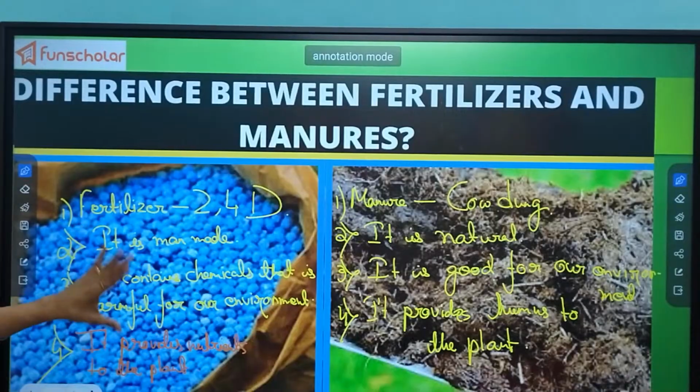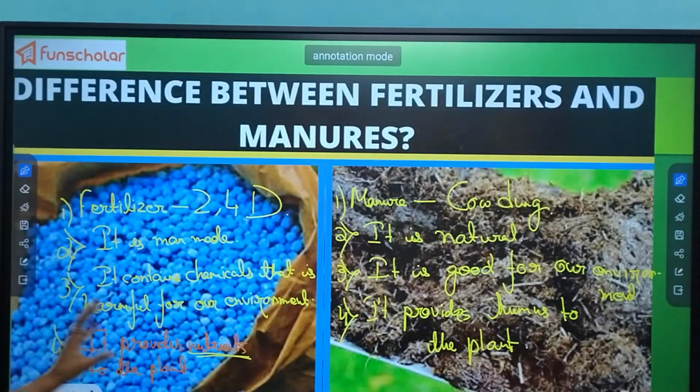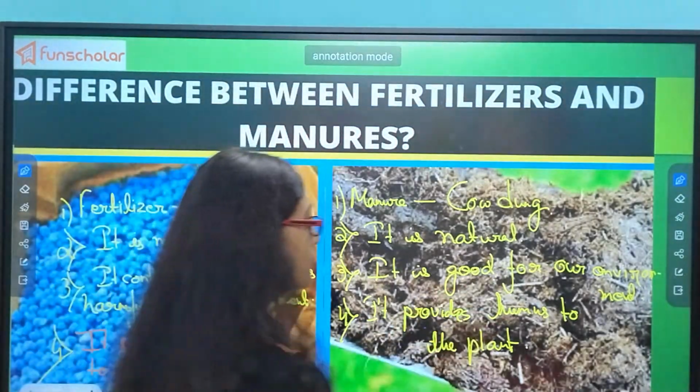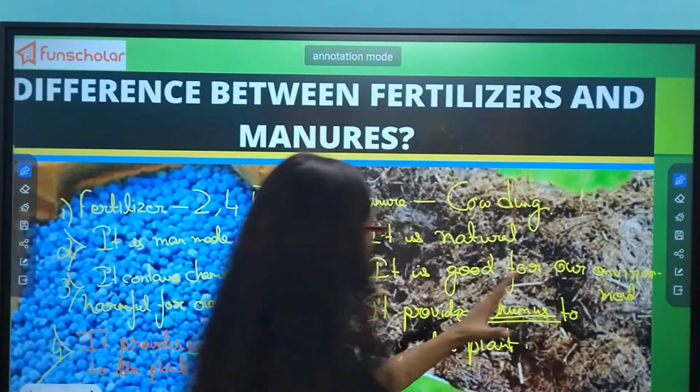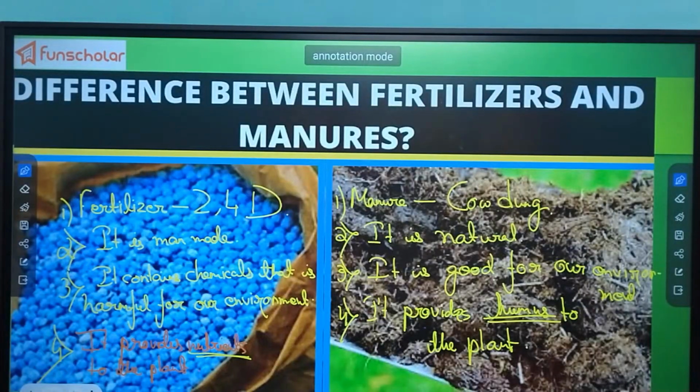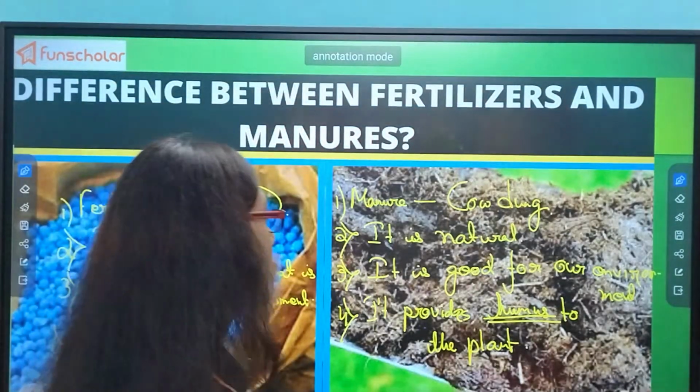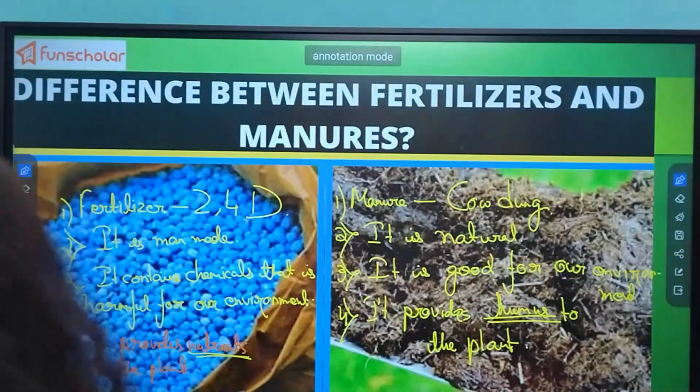The main function of fertilizer is to provide nutrients to the plant, and manure provides humus or organic mass to the plant. Now students, please do take a screenshot of what I have written in the difference. I hope you have understood and took the screenshot.